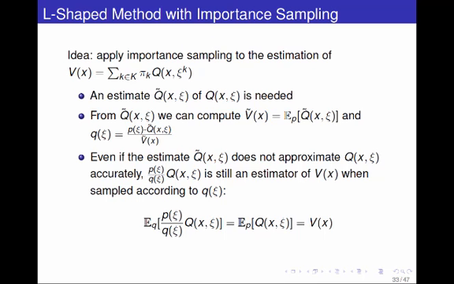The reason is the following. When you are using importance sampling to estimate the V of x, you will report this as your observation of cost. You are now sampling over a distribution q, so you're taking an expectation over q. But since you then solve the second stage optimization problem, you get to observe the true Q of x, xi. So you pull out a new xi using this q distribution, but then you get to observe the true Q of x, xi, and this expectation is exact.